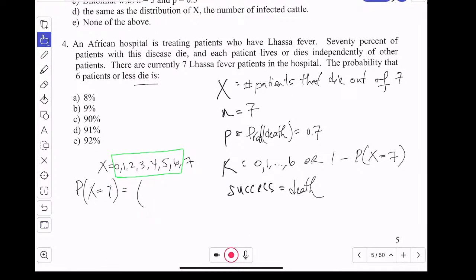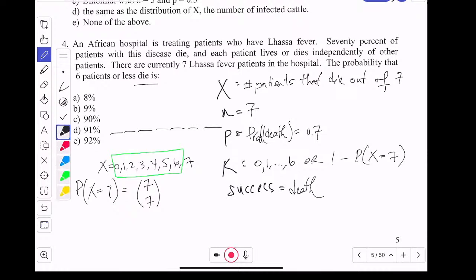So we want to know how many ways there are of seeing 7 successes in 7 trials. Let's see. 1, 2, 3, 4, 5, 6, 7. And all of them are successes. How many ways of seeing that? It's just one way, right?